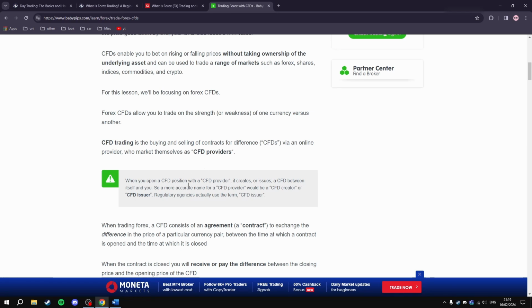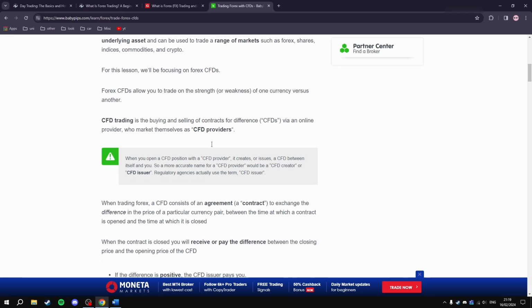When you open a CFD position with a CFD provider, it creates or issues a CFD between itself and you, so a more accurate name for a CFD provider would be a CFD creator or CFD issuer. Regulatory agencies actually use the term CFD issuer. Wait, so CFD providers and Forex brokers, they kind of do the same thing, don't they?